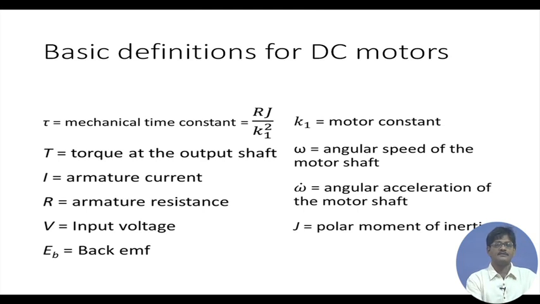Now, for some discussion on permanent magnet DC motors. For example, when a DC motor is rotating, for that matter, if a motor is rotating, we can handle some torque at the output shaft and achieve a particular angular speed of the motor shaft, and that angular speed is the parameter of interest to us, how much speed we are attaining.